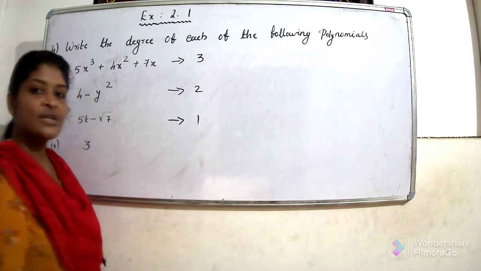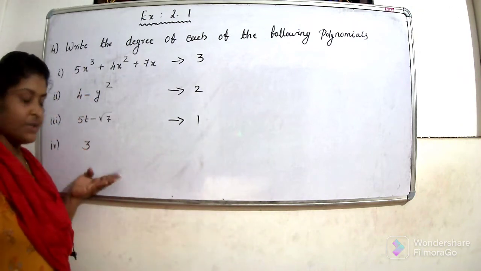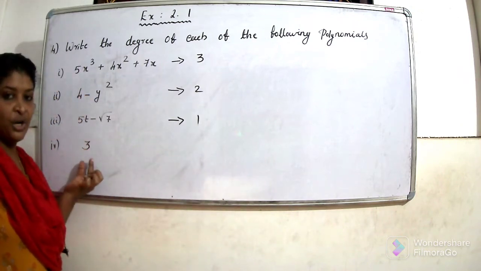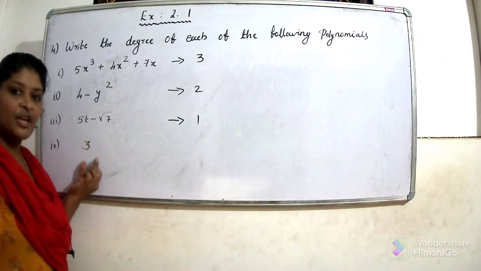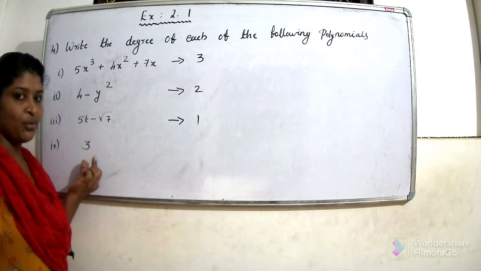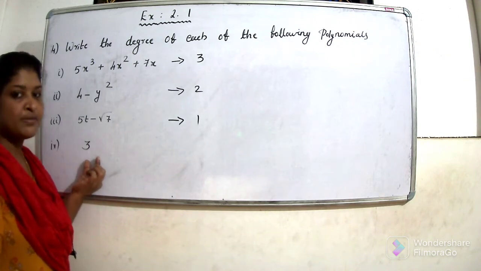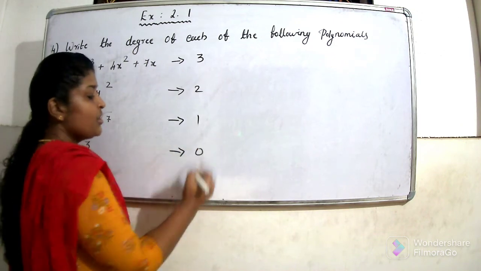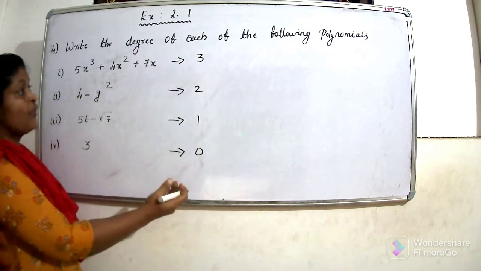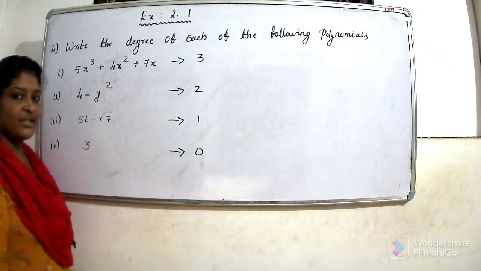So the answer is 1. Now the last one, here they have given 3 only. We know 3 is also a polynomial. It is a digit, so we can say it is a constant polynomial. And the constant polynomial's degree is 0. So 0 is the answer. So these are the answers for the fourth question. Okay.